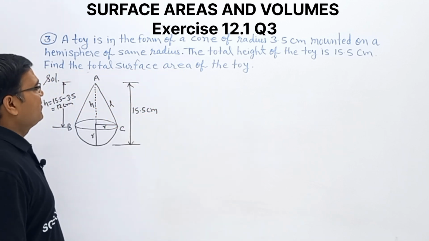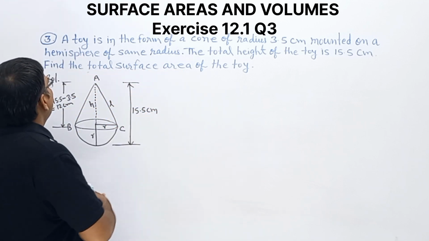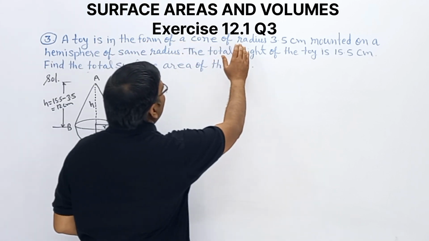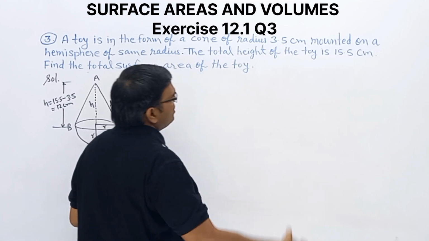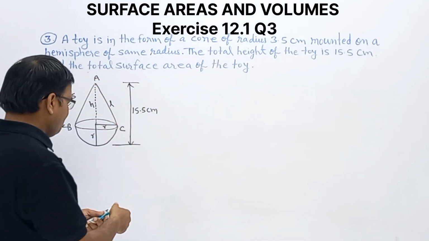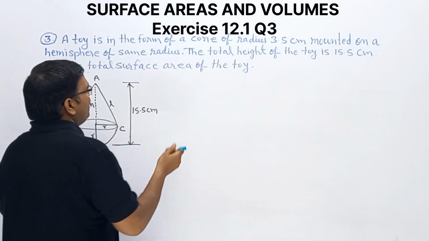In the question, a toy is in the form of a cone of radius 3.5 centimeter mounted on a hemisphere. So we have the given things.